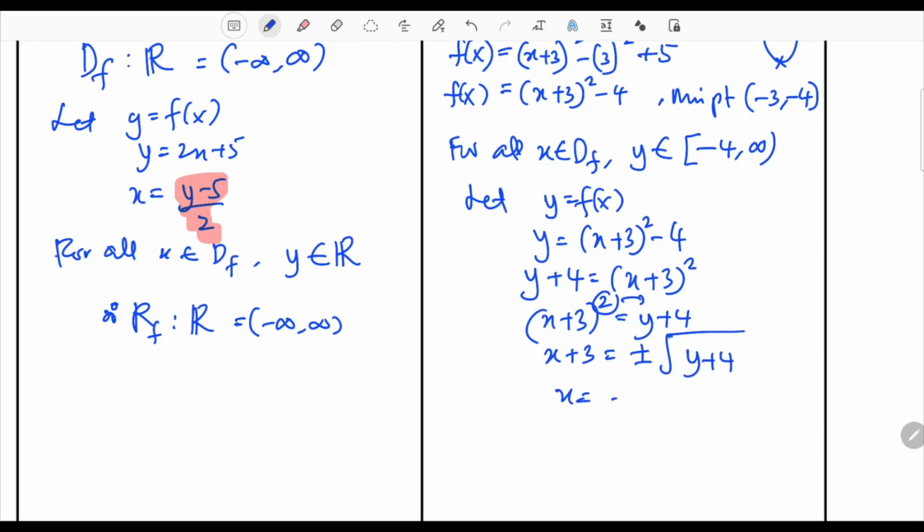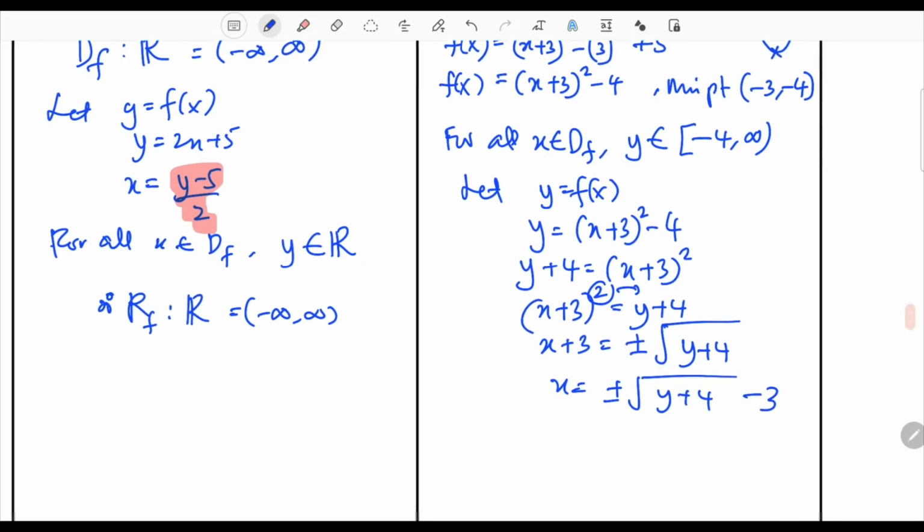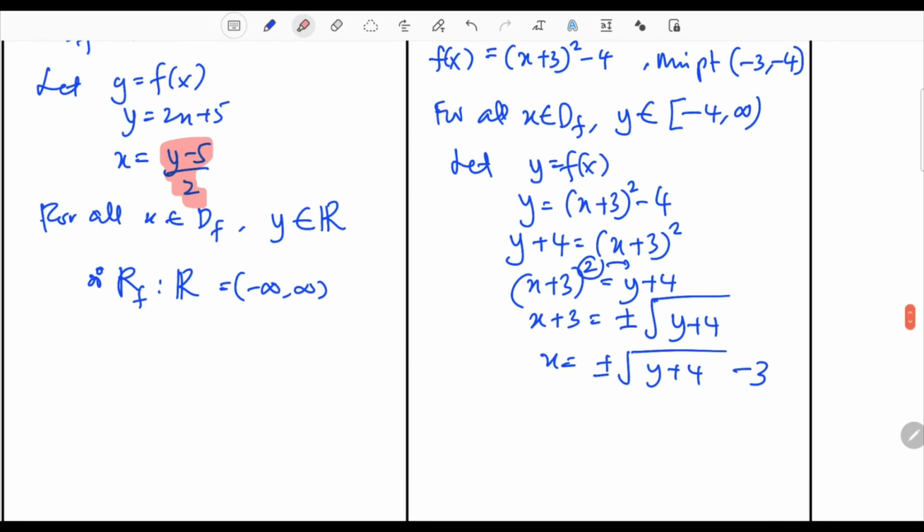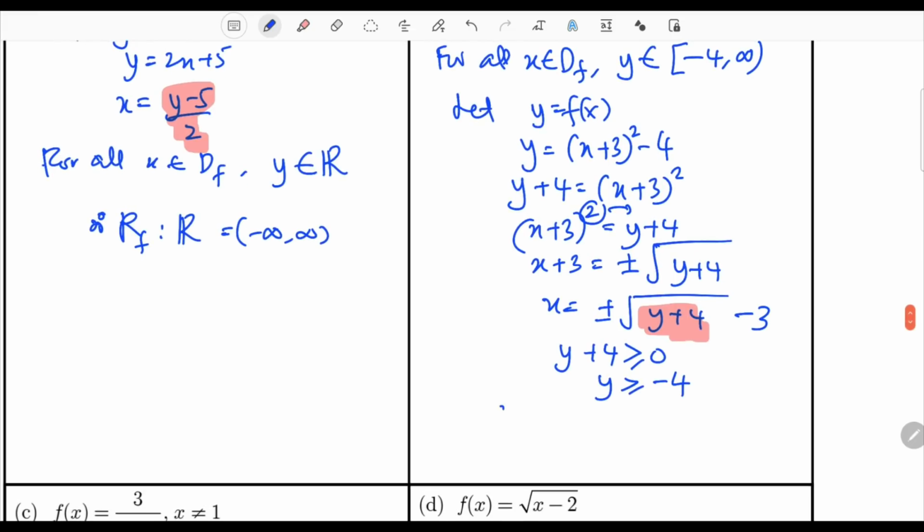So x equal to plus minus square root of (y plus 4), minus 3. Anything under the square root, y plus 4, should be greater than or equal to 0, so y greater than or equal to negative 4. Hence the range of f will be [negative 4, infinity).